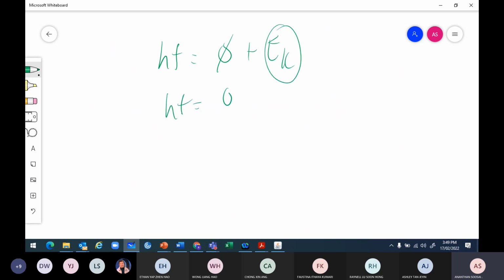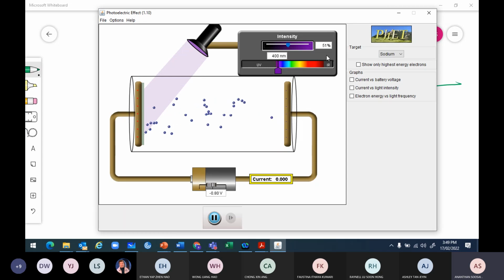So now Millikan said it's eV naught, the stopping potential. According to Millikan, if Einstein is correct, you conduct an experiment where you change the frequency of the source. How do you change the frequency? You change the light color.